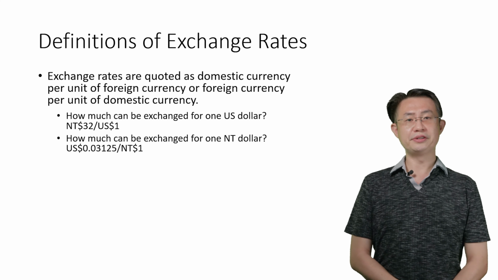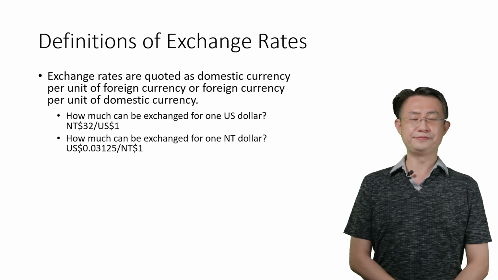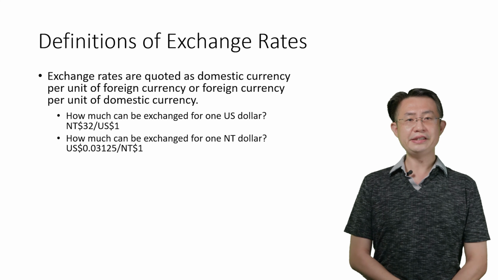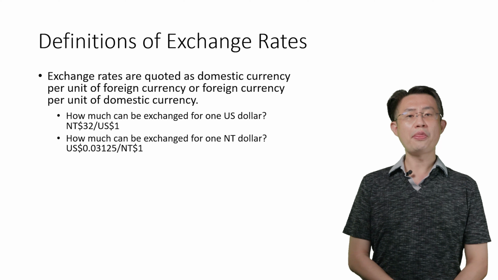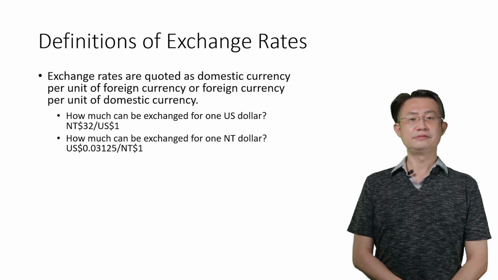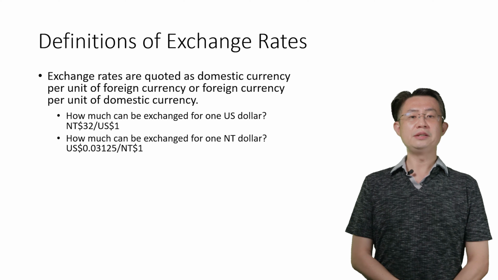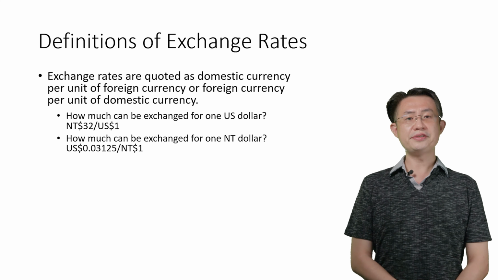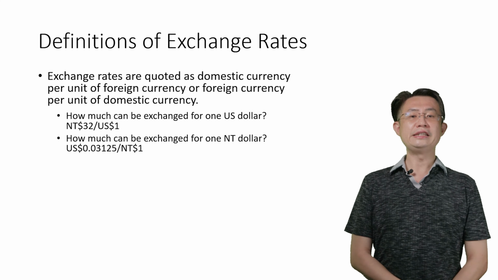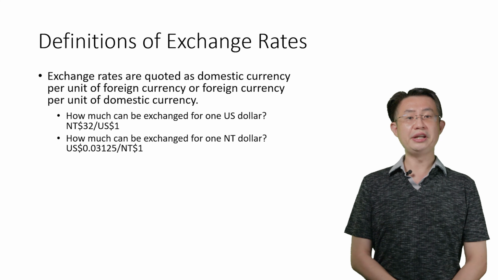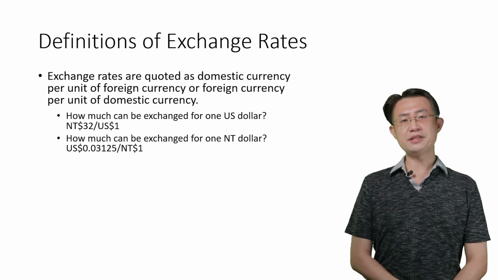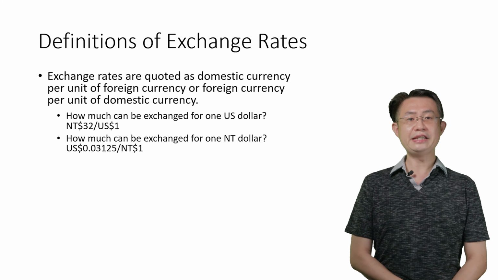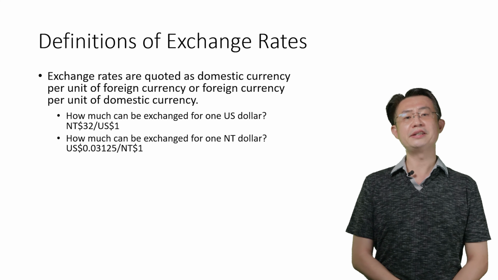If we want to measure the price of the NT dollar in terms of US dollars, and the current exchange rate equals 0.03125, that means 1 NT dollar buys 0.03125 US dollars. So if you want to illustrate the exchange rate this way, you consider the domestic currency as the base currency, and the foreign currency plays the role of the quote currency. The quote currency measures the price of the base currency.